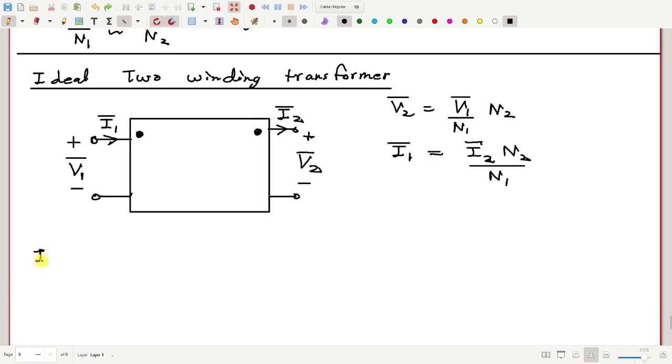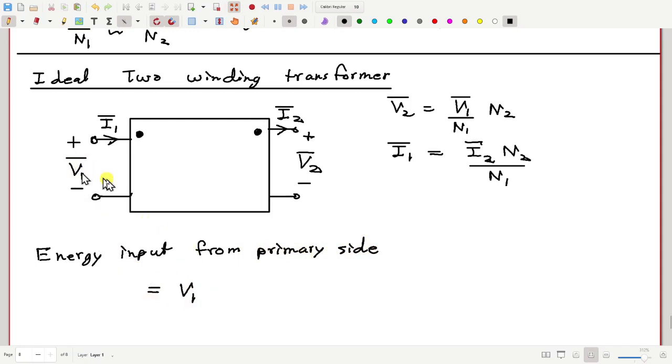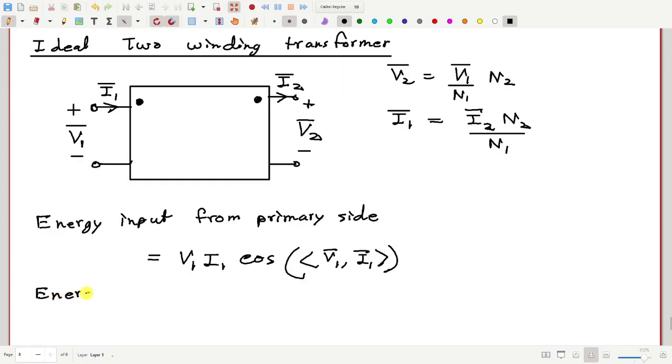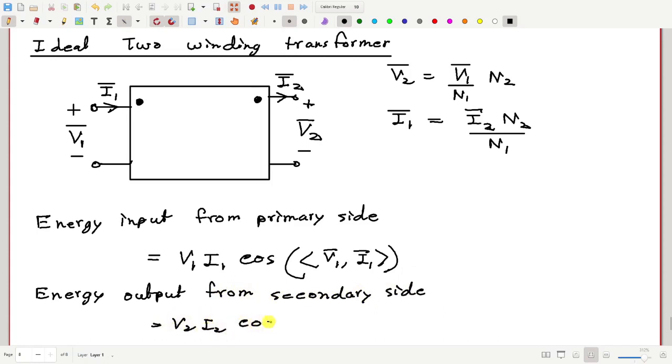Since you talked about energy, the energy input from the primary side is V1 I1 cosine of the angle between V1 and I1, and the energy going out from the secondary side, the energy output, will be V2 I2 cosine of the angle between V2 and I2.